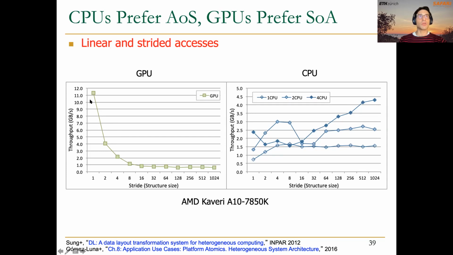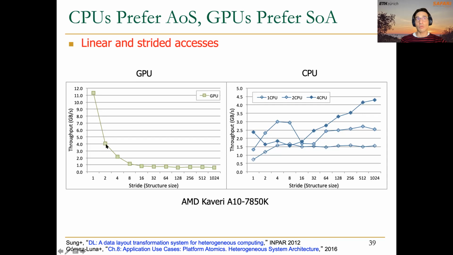By using the GPU, we measured the bandwidth for different strides. What that means is that accesses of consecutive, neighboring threads would be done with a certain stride, a certain distance, depending on the structure size. So if the stride is 1, as you see, we achieve the maximum bandwidth.